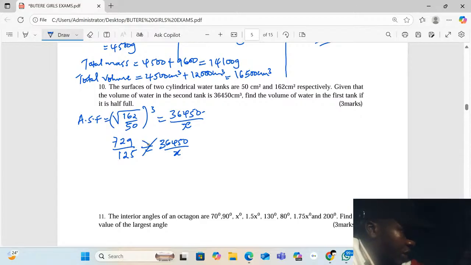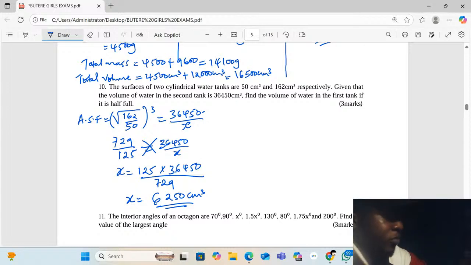Then we cross multiply, so that x is equal to 125 times 36,450 divided by 729. So the new volume will be 6,250 cubic centimeters.